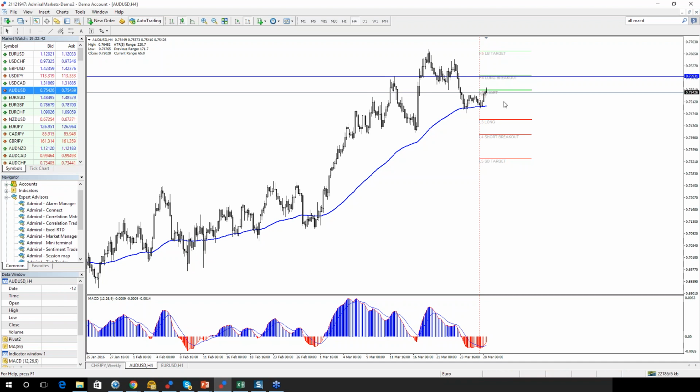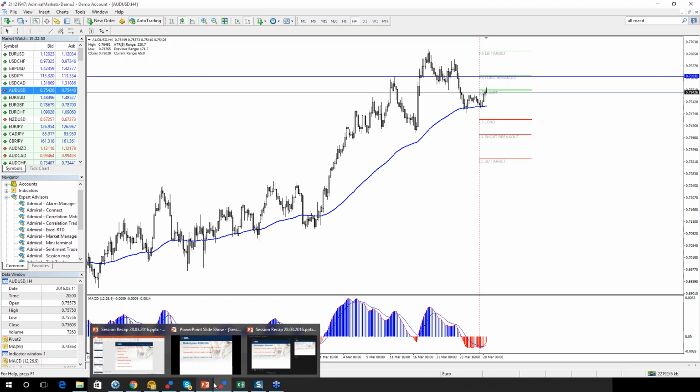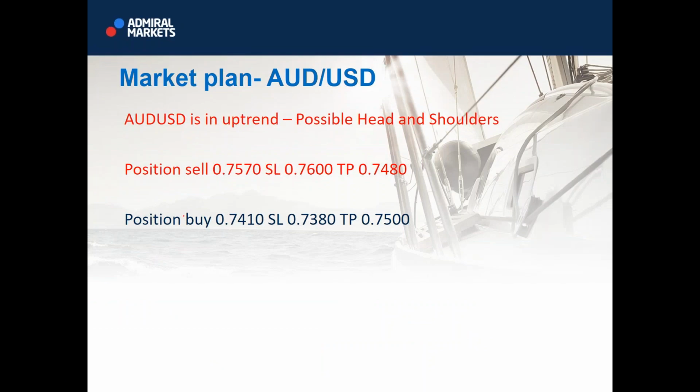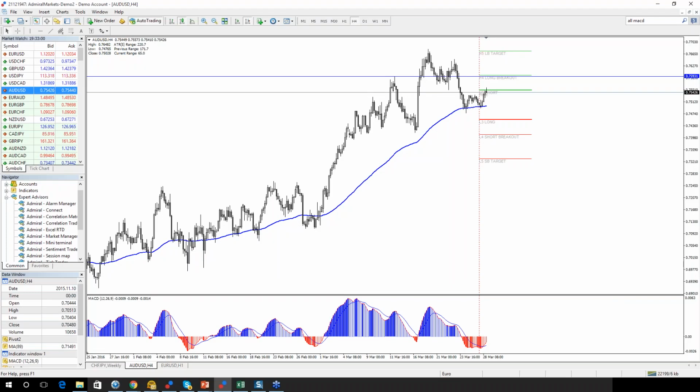And it could be a possible head and shoulders here. So this is what I see on Australian dollar. Buy at 74.10, sell at 70.50, 70.290, of course.